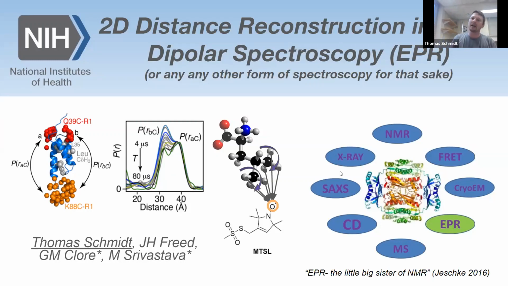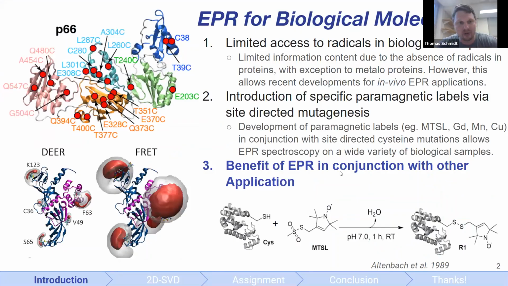Before continuing, I want to introduce EPR spectroscopy for biological molecules, specifically PUDs, for the audience, and how we actually go about it. Our interest is normally a distance measurement. What we rely on is a paramagnetic species.